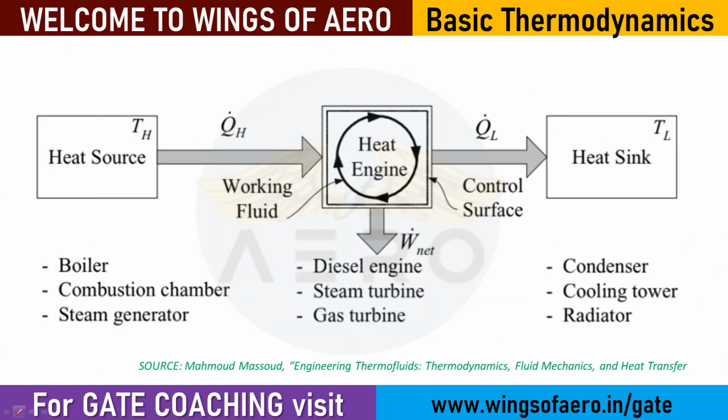So now you see, we can also denote what can be the heating source. The heating source of the heat engine can vary based on the application. If it is a diesel engine, steam turbine or gas turbine, the heating component, where the heat is added, that is Q1, and Q2, can vary.